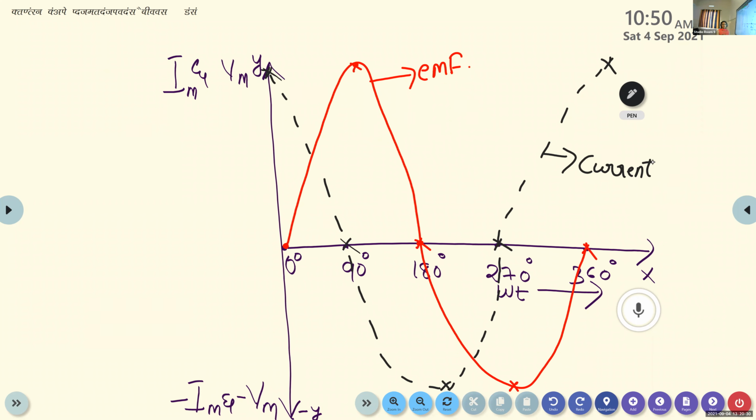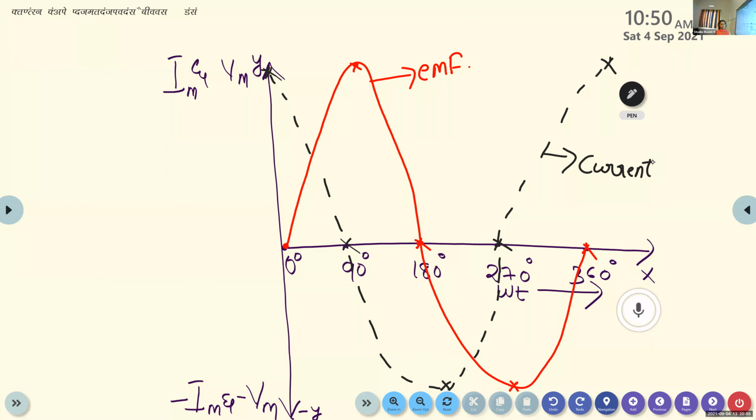The next subheading that comes under the AC voltage through capacitor. After the graphical representation, we have to discuss the phasor diagram. So here we derive an expression for the current generated in a capacitor when an alternative source of EMF is connected to it.